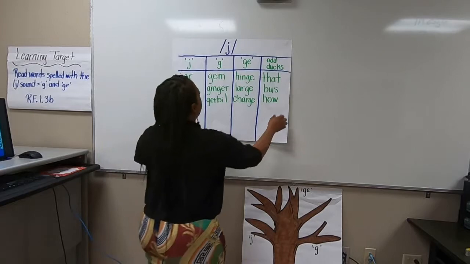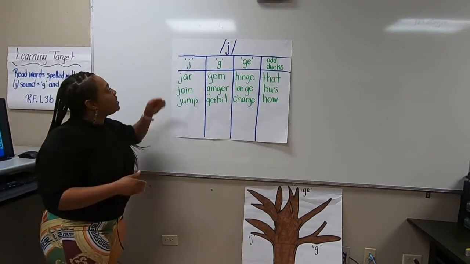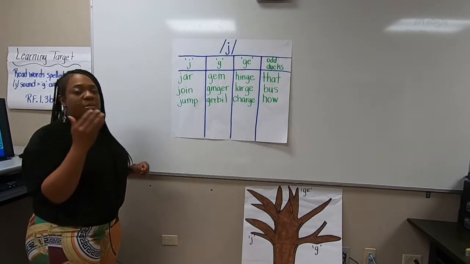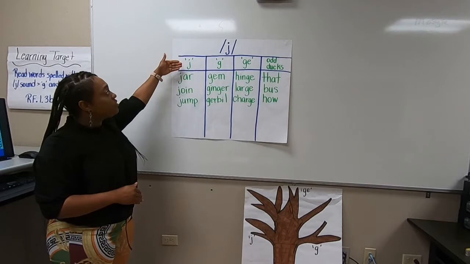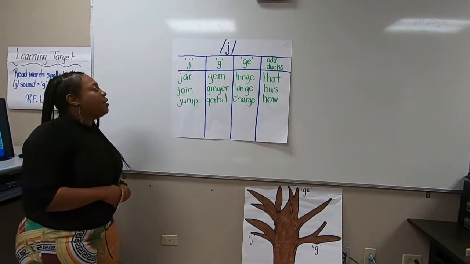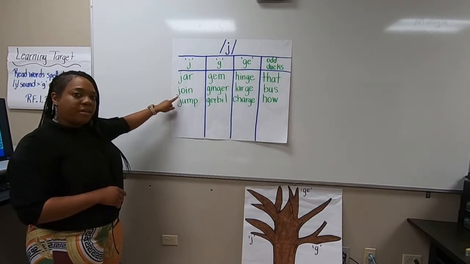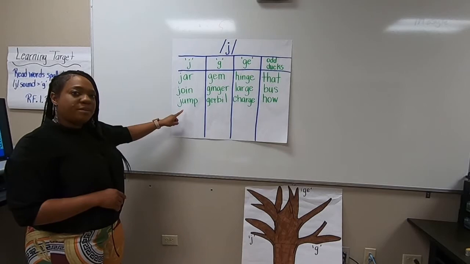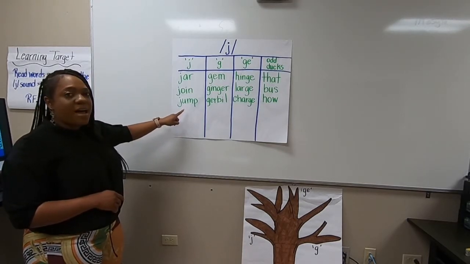Now I'm going to move this chart over, and let's read our words in our chart that are under each column before we begin our next activity. So we have letter J, which says J, and we have jar, join, jump. Did we put those in the correct column, guys?